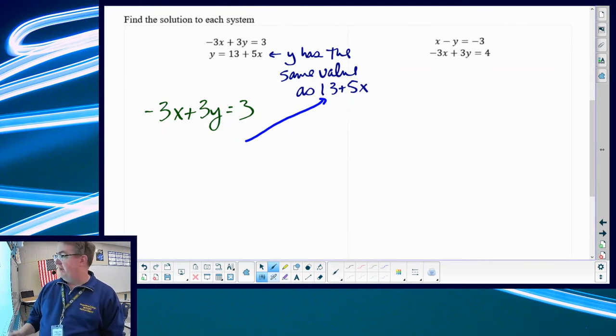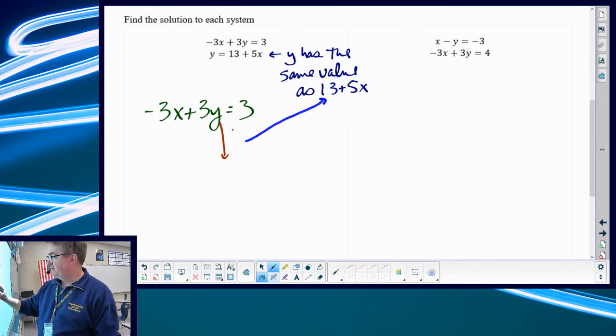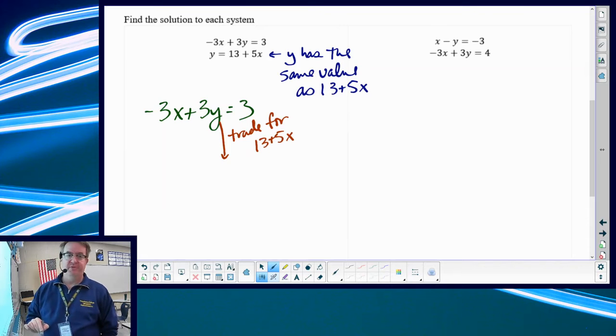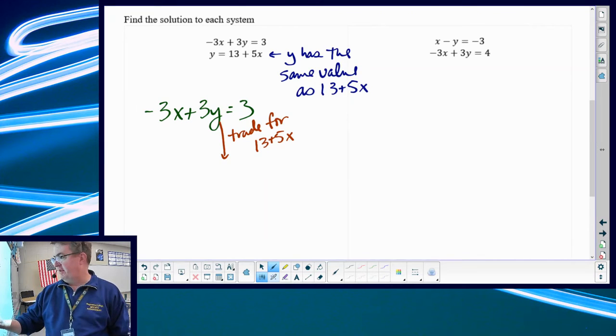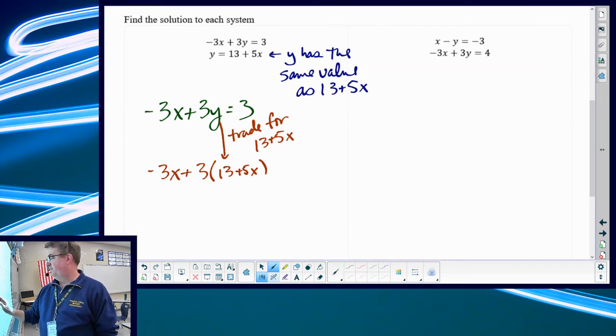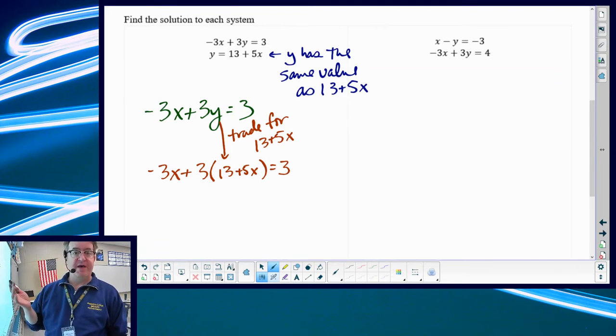So we can trade that. We are going to trade this for 13 plus 5x. So when I rewrite this, I've got negative 3x plus 3 times (13 plus 5x) is equal to 3. Ta-da!